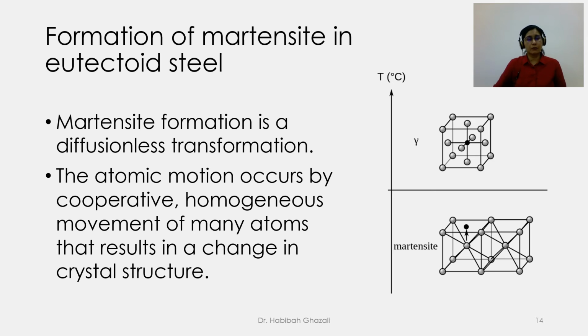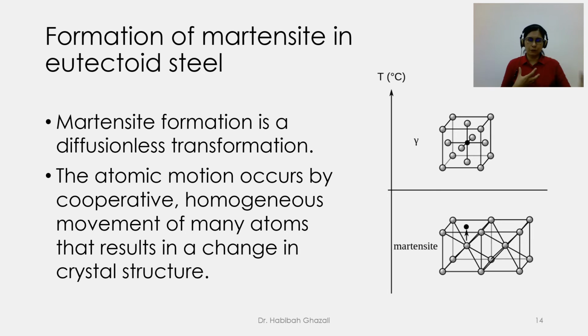So in the previous video, I've already discussed the formation of martensite in eutectoid steel. Martensite formation is a diffusionless transformation. The carbon atoms cannot diffuse out of the BCC crystal structure. They are retained, and the BCC expands, with the carbon atoms retained inside the microstructure.